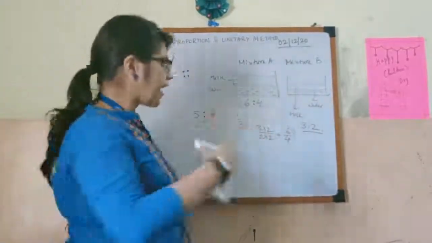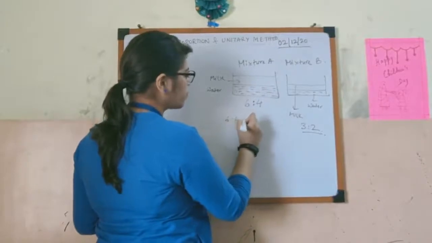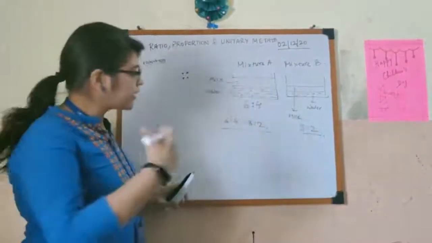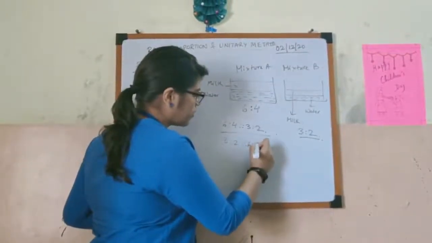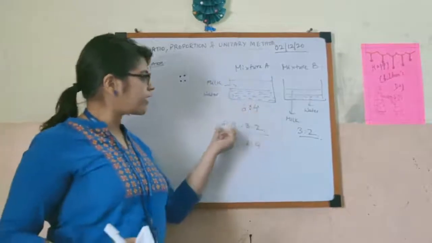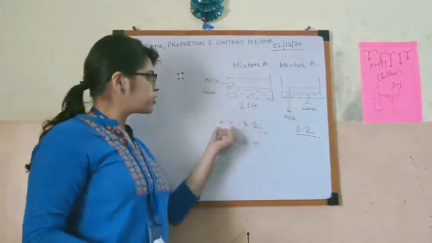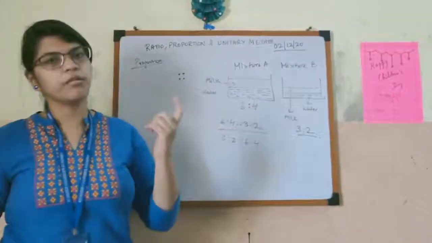So in such sums we represent them with a proportionate sign like this, and it can also be written like this. Whatever ratio you write first doesn't matter, but you should have the two ratios side by side in this manner and a proportional sign in between.